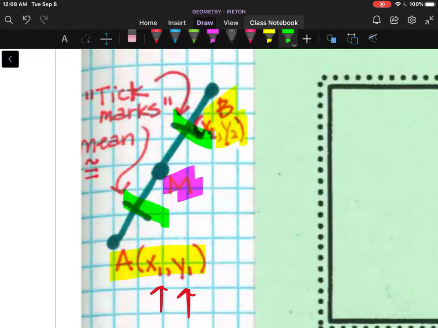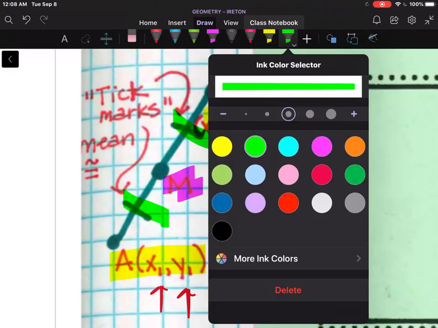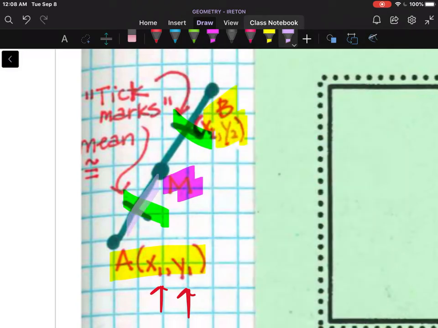Now, a tick mark could be 2 lines, it could be 3 lines like that, but all that's saying is that this part of my segment is congruent to this part of my segment, okay? And remember, congruency just means that they're the same shape, same length, same distance, however you want to think about it. So a midpoint is that point directly in between A and B.